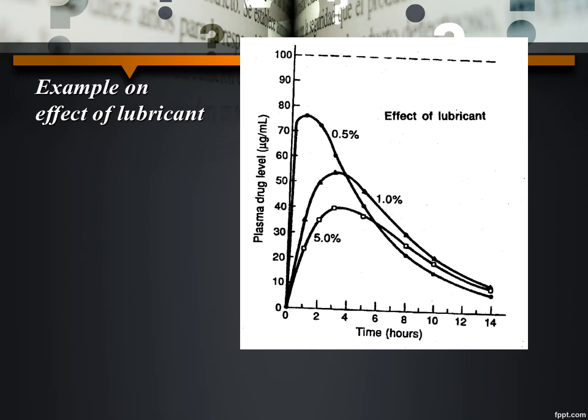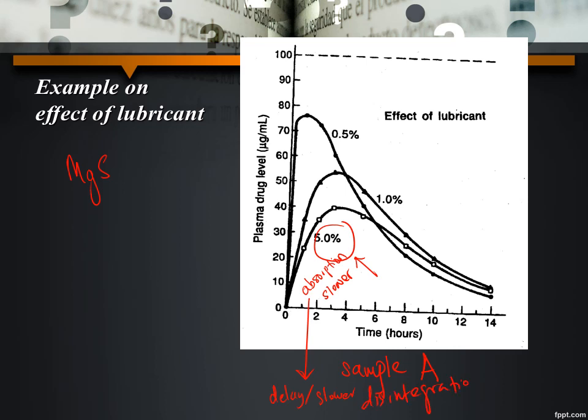And this is one example of the effect of the lubricant, magnesium stearate, on the plasma concentration of a drug sample. Let's say we call it sample A. When you have the higher percentage of lubricant, you will see the absorption is slower in rate, due to the delay or slower disintegration process.